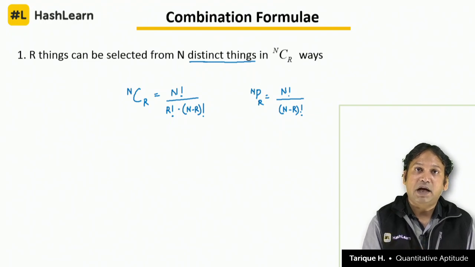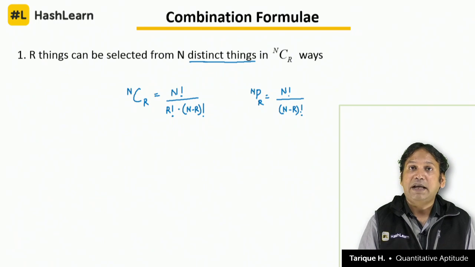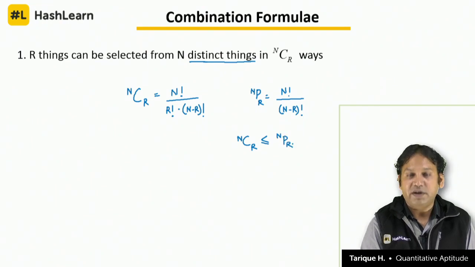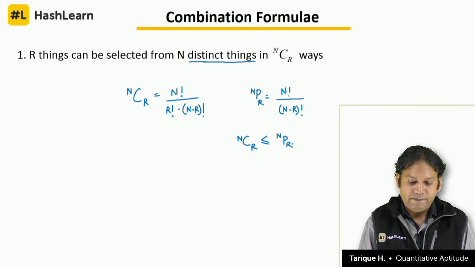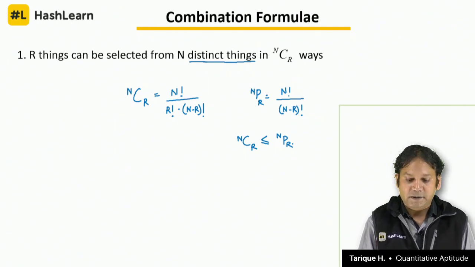Both NCR and NPR have the same numerator, but NCR has a greater denominator. That means for the same values of n and R, NCR will always be less than or equal to NPR. That's one important key observation that you must keep in mind. The number of permutations will be greater than or equal to the number of selections.